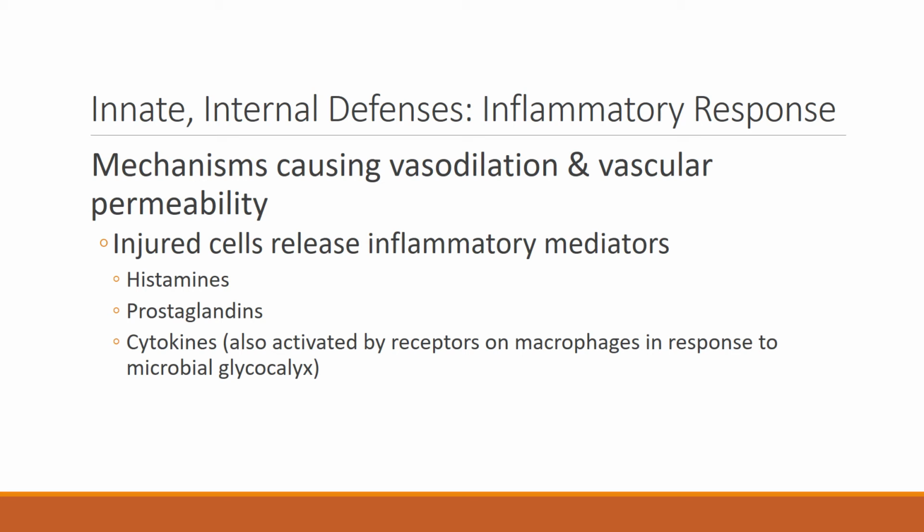But these are also in part why we have induction of fever, and they help trigger the pain sensation. Also, we'll have cytokines, which are going to be chemoattractants for leukocytes to come to the local area. And one other big part is our kinins, which are important for dilation of those blood vessels.